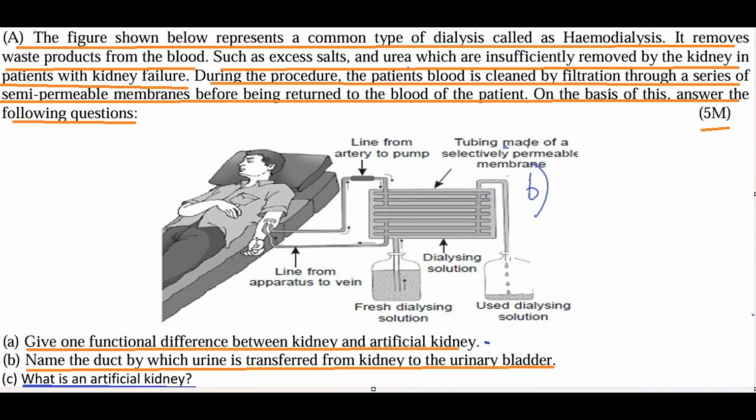to the urinary bladder. So these are the kidneys, suppose. There's one kidney, there's another kidney, and here there is the urinary bladder. And there are two ducts emerging outside.